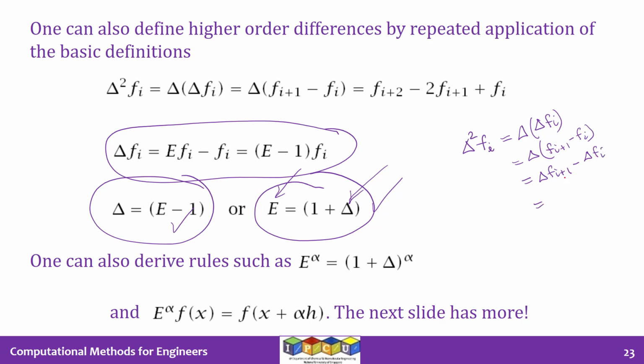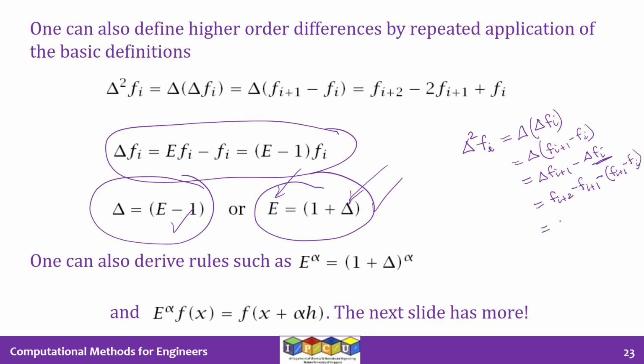And we know delta Fi plus 1, the forward difference operator applied to Fi plus 1, is nothing but Fi plus 2 minus Fi plus 1. And the forward difference operator applied to Fi is going to give us Fi plus 1 minus Fi.